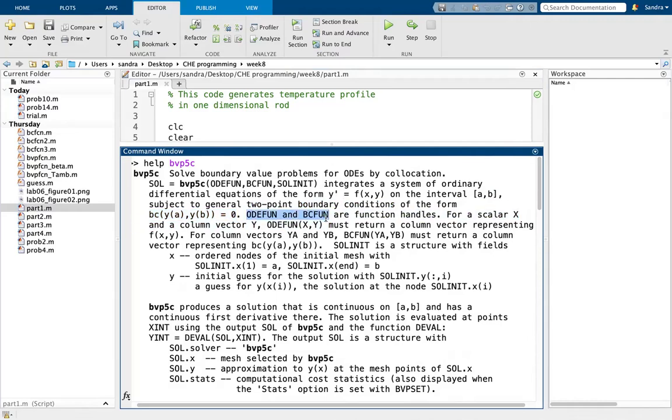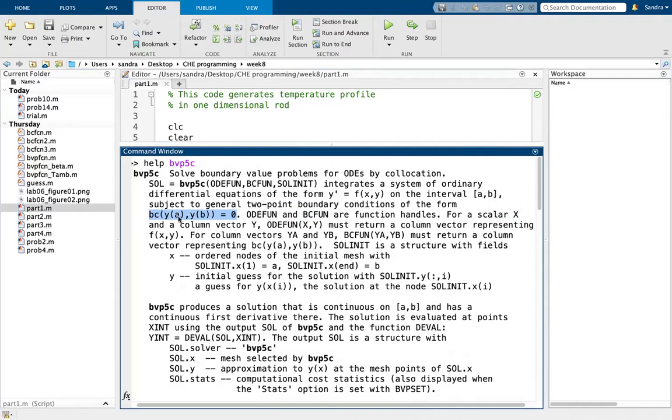There are two inputs that have been given: ODE fun, which has the ODE functions, just like you do for ODE15s, ODE45 and ODE23 and all those things. And there should be BC fun, which is the boundary conditions function, which will encode the functions that are equated to zero. Those two functions have to be encoded here, and you will get a solution.